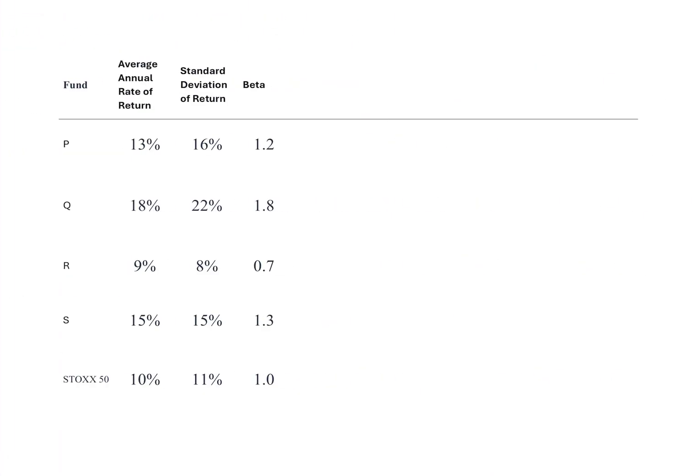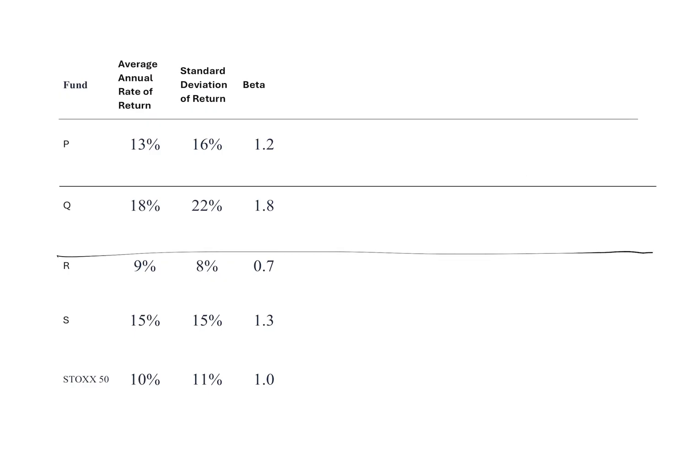So I pre-populated this information here. In your exam, you can either do the same table or whichever way you want. So let's draw some lines and complete the table.